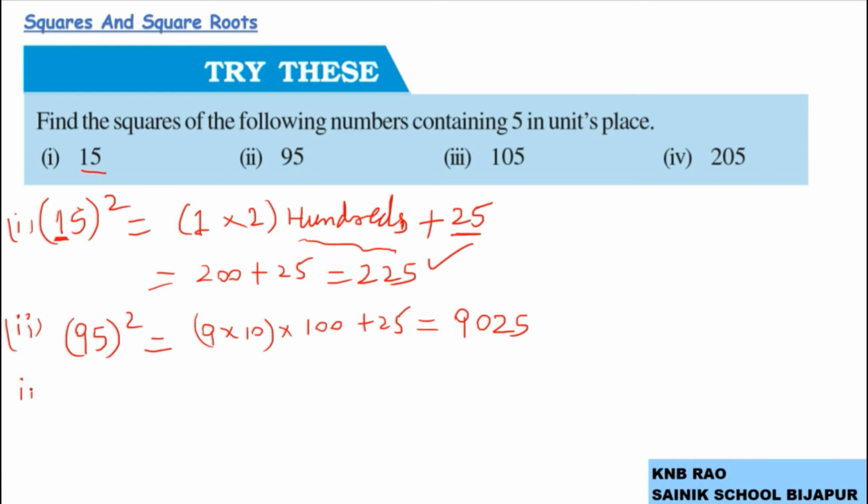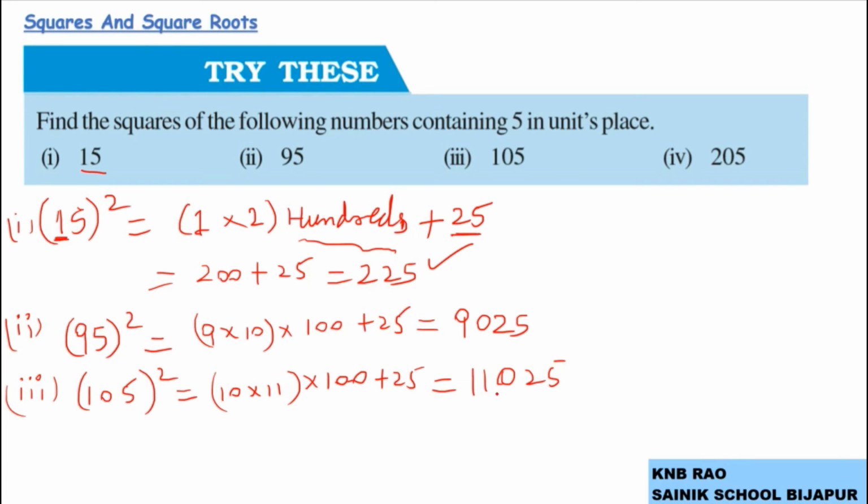Next, third one is 105 whole square. 105 square is 10 into 11 into 100 plus 25. Now 11 tens is 110 and 110 multiplied to 100 gives 11,025. So similarly we can find last one.